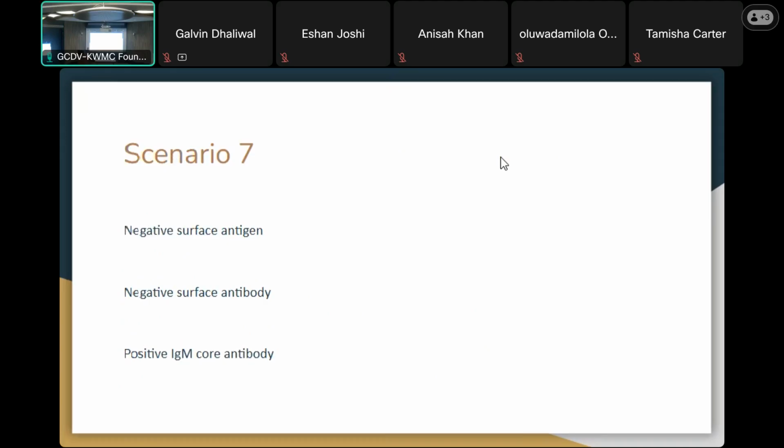Don't hesitate. Next one, negative surface antigen, negative surface antibody, positive IgM core antibody. So no active infection, not immune, exposed. What does that mean? Yes, correct.